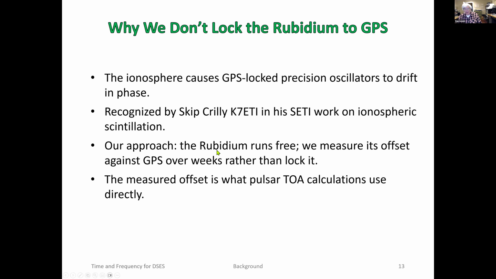Our approach is to let the rubidium run free and then calibrate it. Make sure that we check its calibration routinely and that during measurement periods of whatever we're measuring, pulsars or satellites or whatever, we do not touch it no matter what. What we do instead is we measure it.